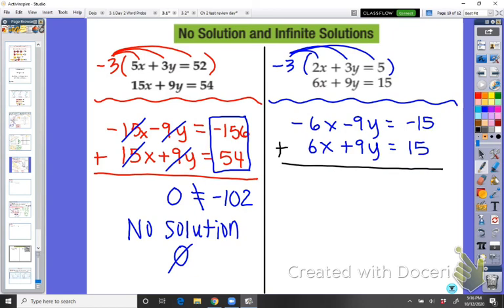If I try to add these two, the x's, 6 and negative 6, make 0. The y's, 9 and negative 9, also make 0. And then over here, if you put the 15 and the negative 15 together, that's also 0. And 0 actually equals 0. That is true. So this is all real numbers, or we say infinitely many solutions.